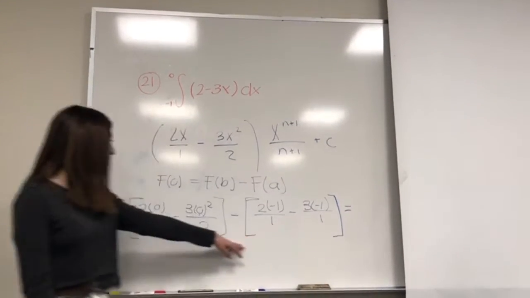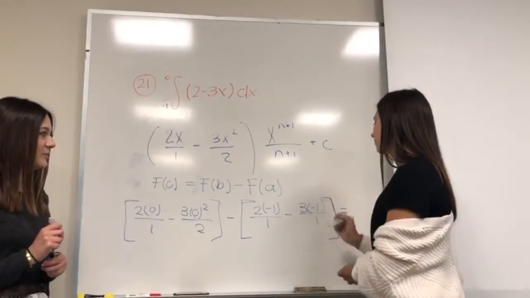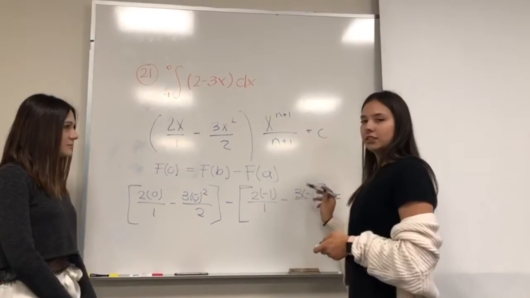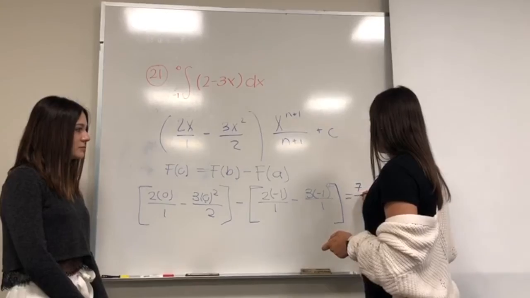Now that you have plugged in your values, you can solve for the equation. When you have the formula done, you plug this in the calculator and the answer gives you 7/2.